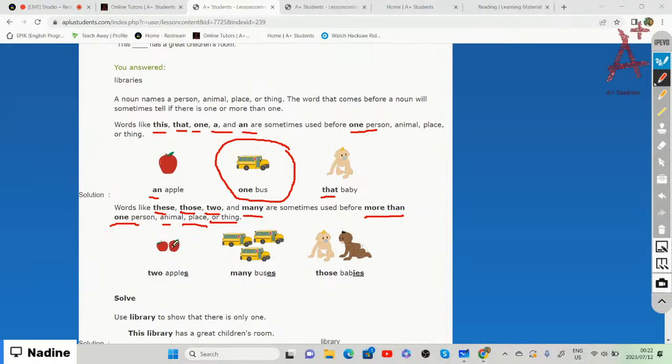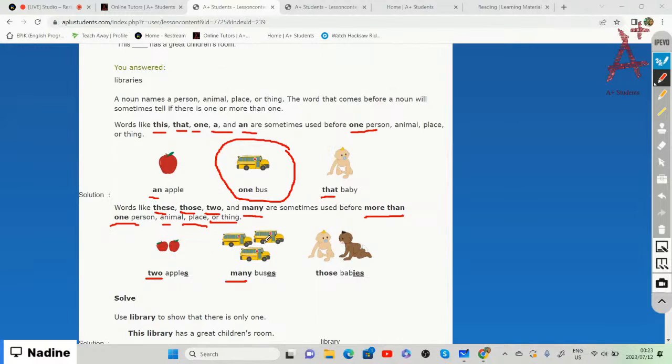There's one, two apples. The word two in front of the word apples indicates that there is more than one apple. So two apples indicates more than one. Same with many.